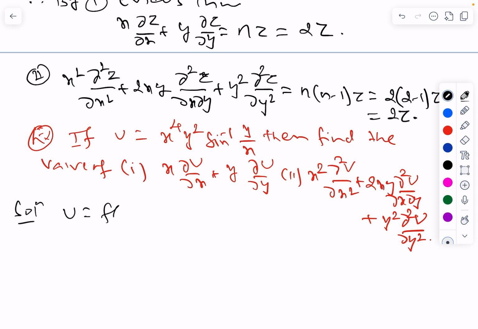So here you can consider f(x,y) equal to x⁴ y² sin⁻¹(y/x).